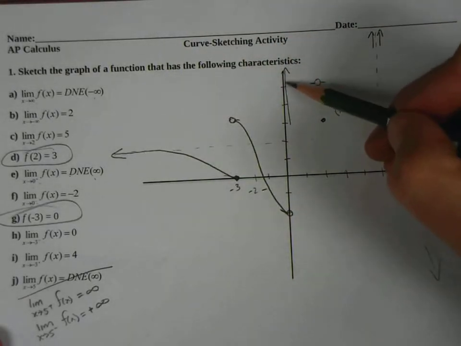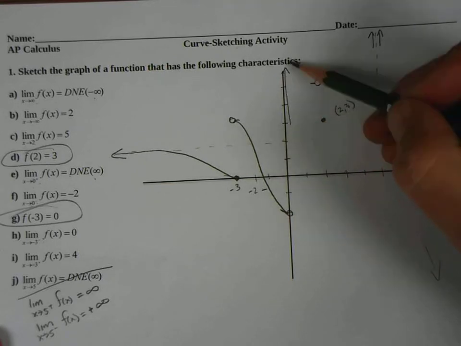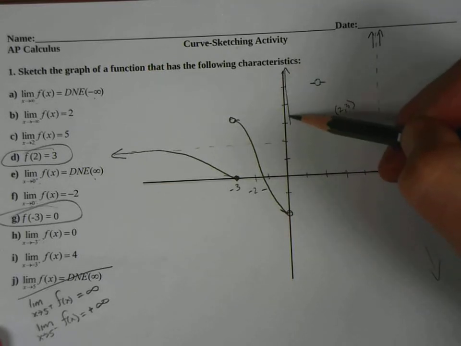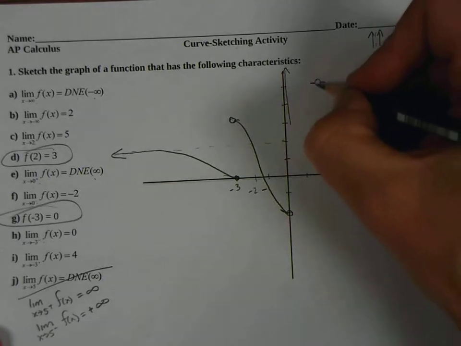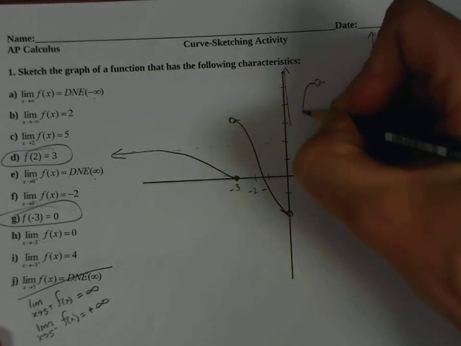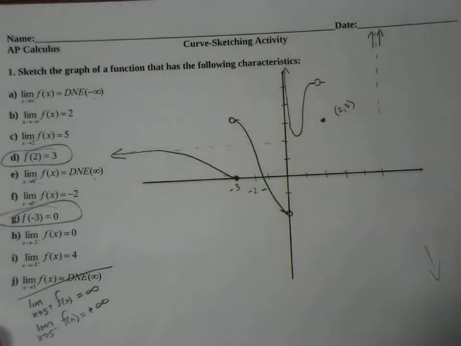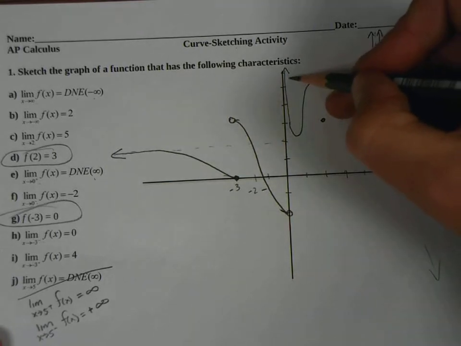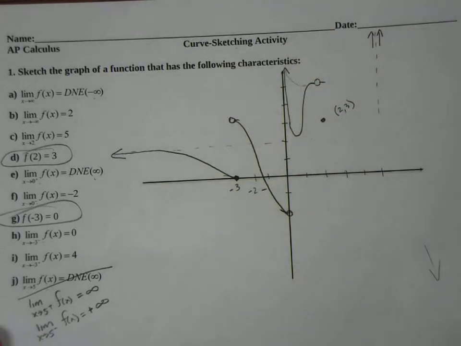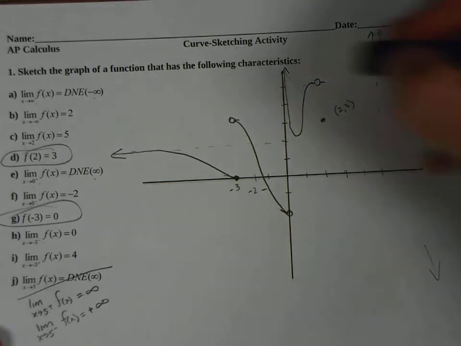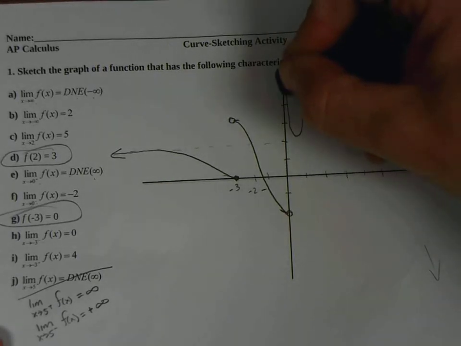I have a problem here. To the right of 0, f will need to approach positive infinity, and I'm sort of off the graph, so that's not a problem. I'll just make that part dip down. If your graph went up here, that would be fine as well. I just think it's hard to show growth towards positive infinity.